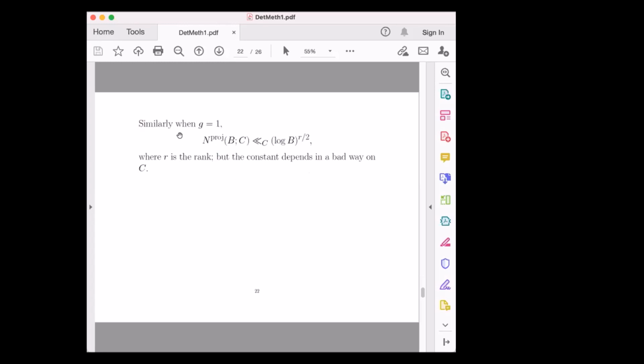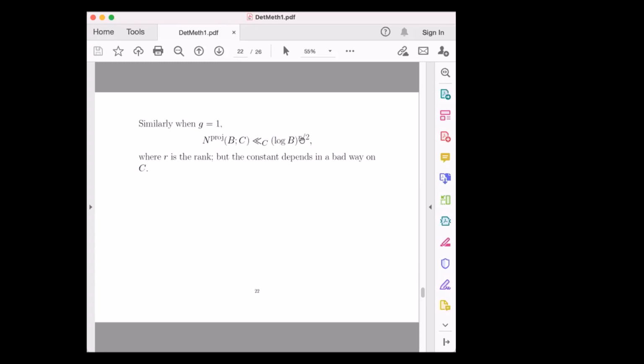We have the same phenomenon with curves of genus 1, and in particular with elliptic curves. So, as I mentioned before, the counting function for an elliptic curve grows like a constant times (log B) to the r over 2, where r is the rank. But when you prove this, the constant you get here depends in a bad way on C, the curve.